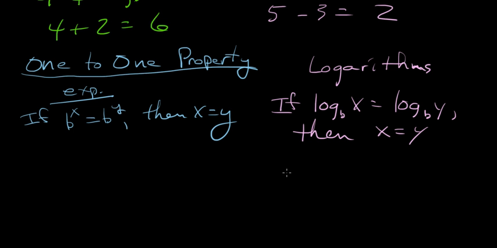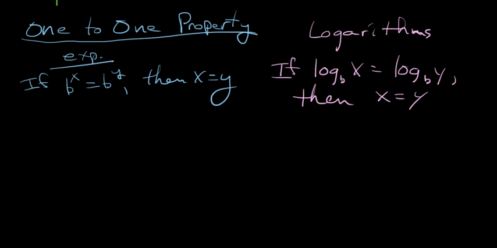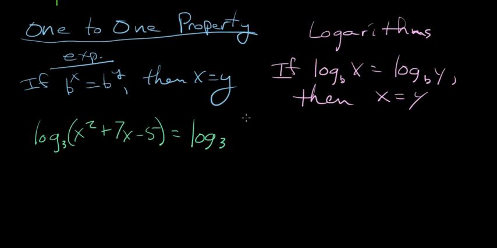And so let's try solving one that uses this property, okay? And this is the last color change of the day. All right, log base 3 of x squared plus 7x minus 5 equals log base 3 of 6x plus 1.